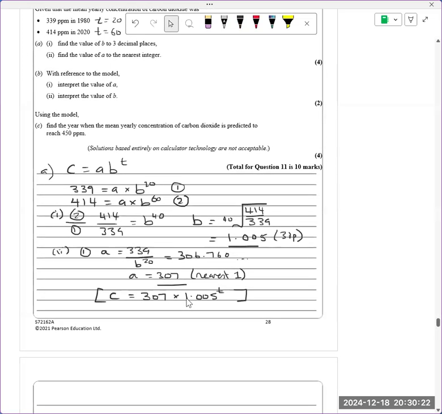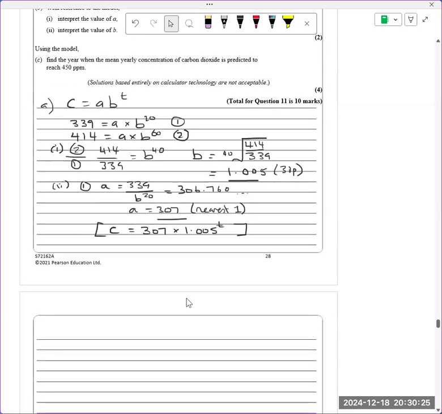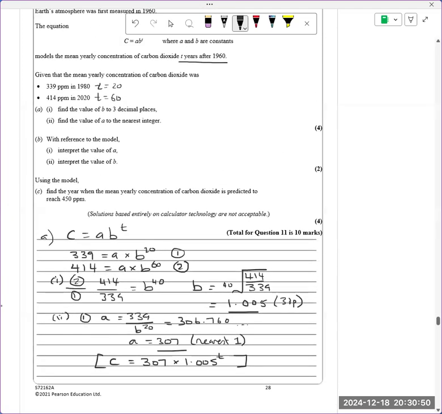So part B, with reference to the model, interpret A and interpret B. This is a little bit controversial. The value of A, which is 307, this is not controversial, is the initial concentration. Well, oh, hang on.